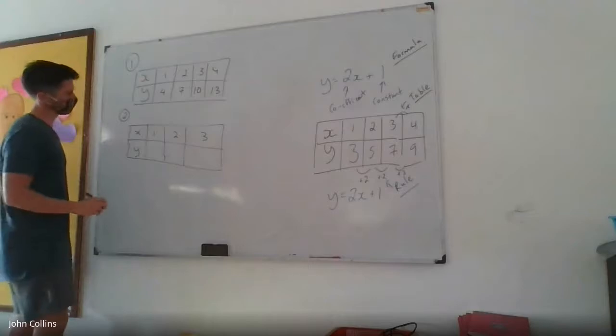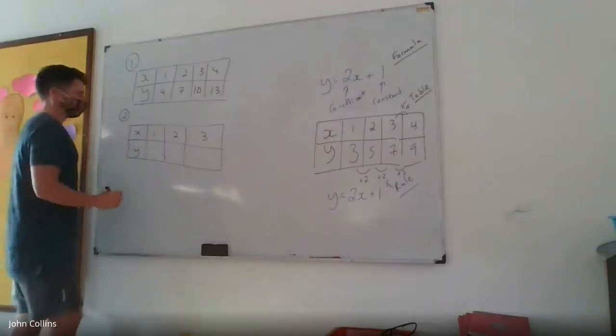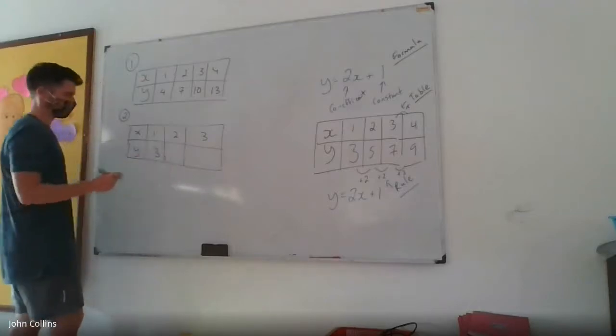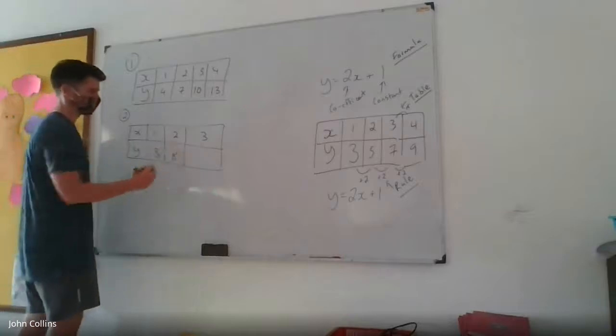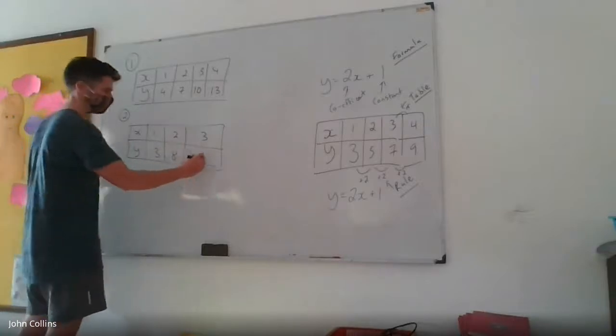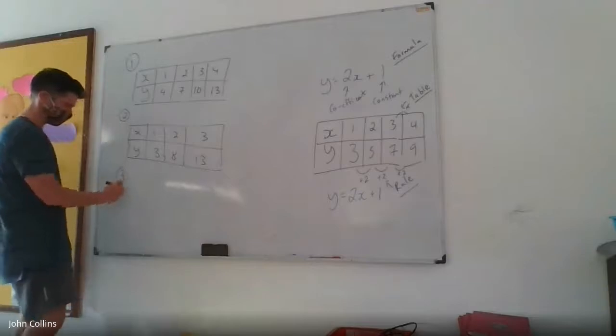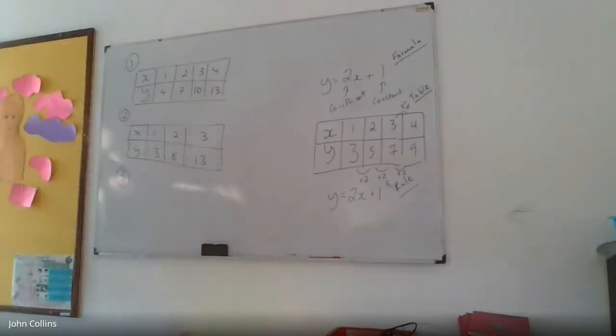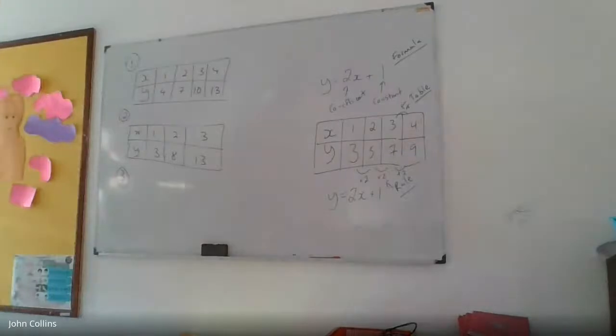Let's do 4, 8, 13. So step 1, if you want to redraw the table, redraw the table. Step 2, notice what you're adding each time. What am I adding each time? Step 3, use what I've added to find the formula by multiplying.